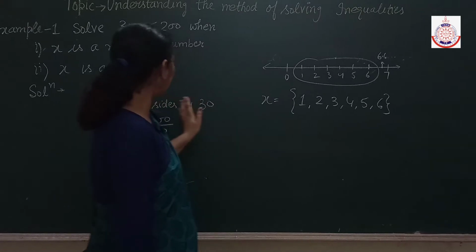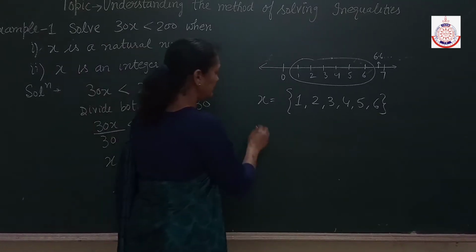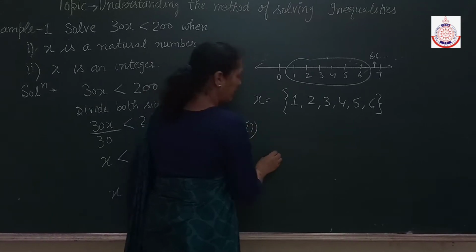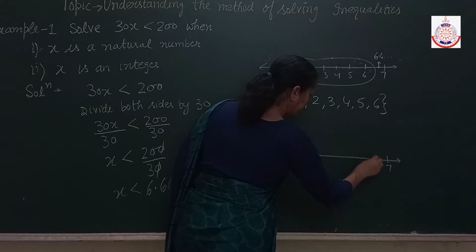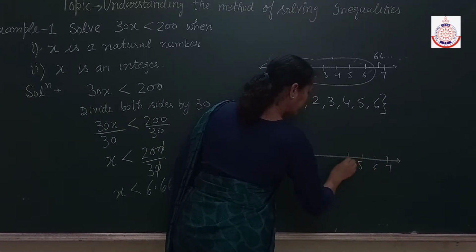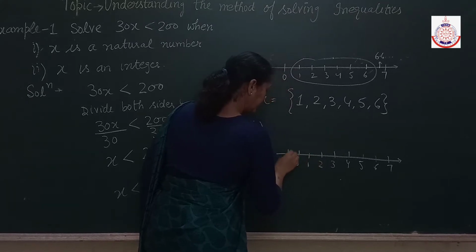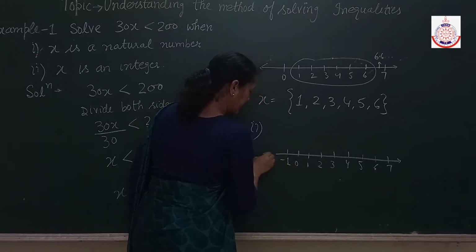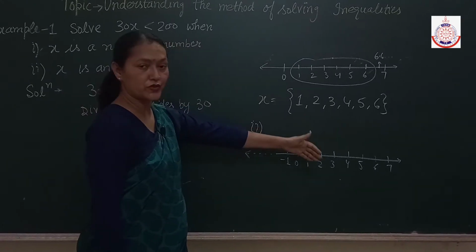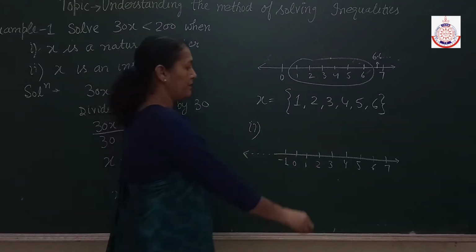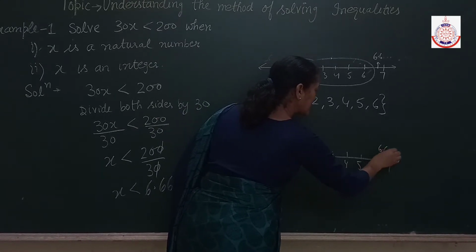In the second case, when x is an integer, because our case is integers, we will have to take negative values also, but the limit is that the number has to be less than 6.6 and so on.